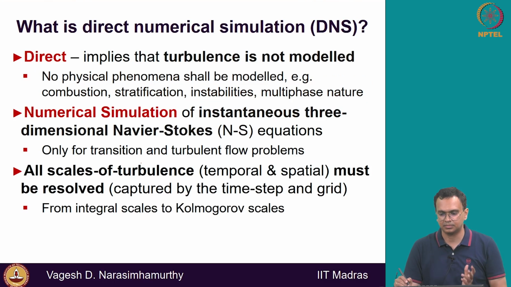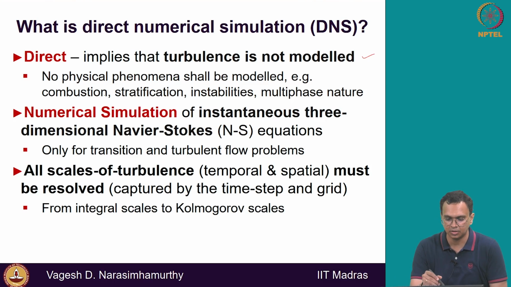So then let's define what direct numerical simulation is. There are two words here: direct, and numerical simulation. The direct here implies that turbulence is not modeled, as I already told you in the beginning. No turbulence models are used when we do DNS. That means no physical phenomena shall be modeled.